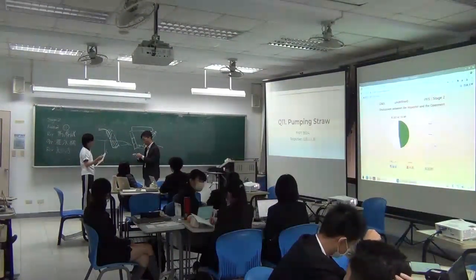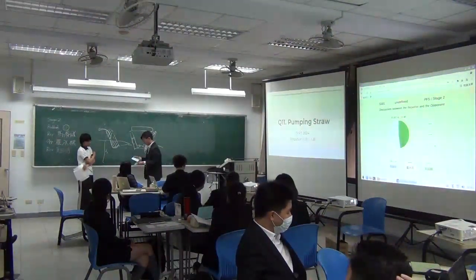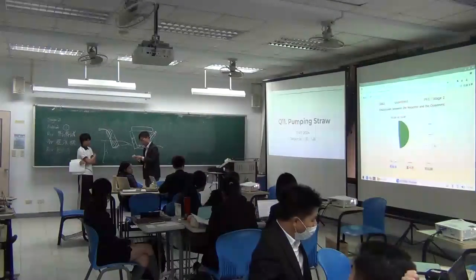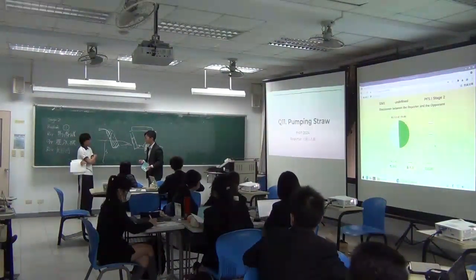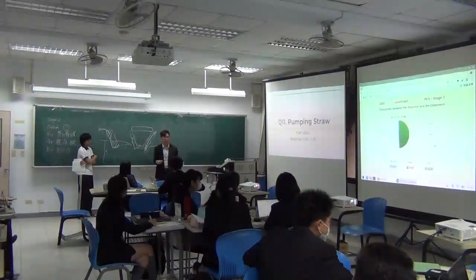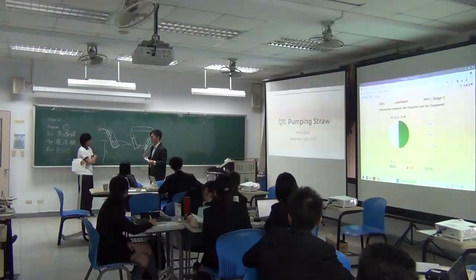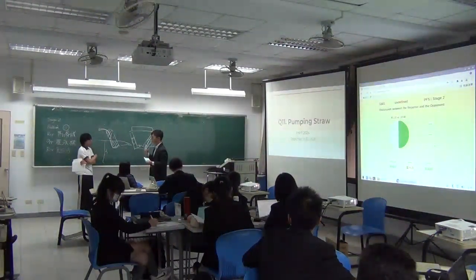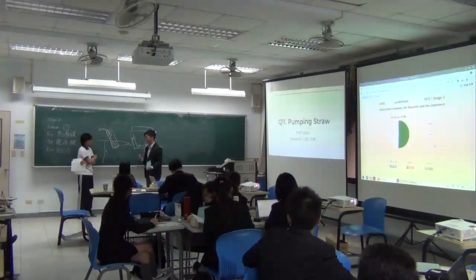Okay, and then I'll proceed to the next. As you mentioned, you use Bernoulli's principle here for your theory calculation, but you didn't state it well. Did you do a comparison between your theoretical value and your experimental data?